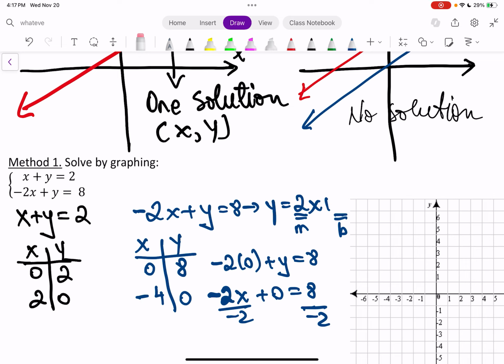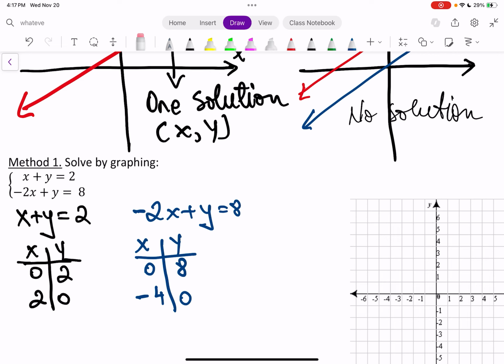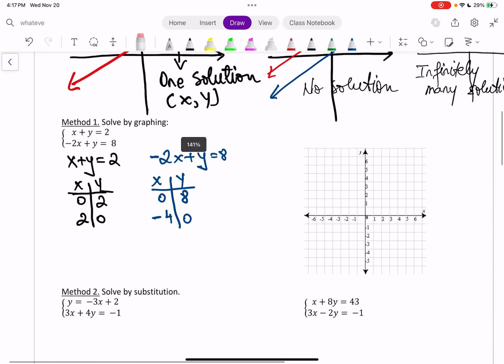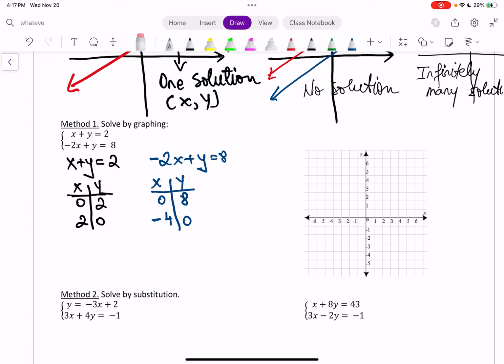Okay, so there you have it. I'm going to just clean the side work away. I'm going to draw both these lines. So 0, 2 is this point right here on the y-axis. 2, 0 is this point here on the x-axis. Now for graphing, you really want to draw as good of a line as you can.